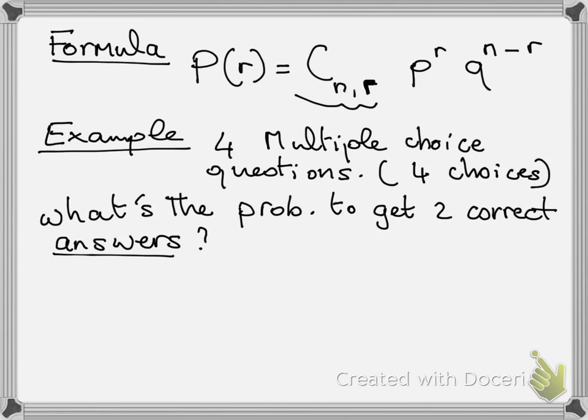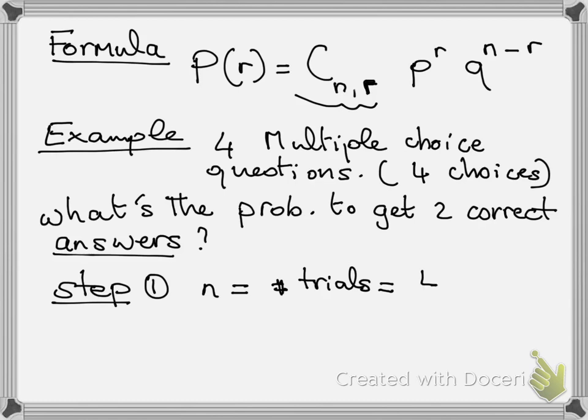First, in step 1, let me write down what p, q, n, and r are. First, n: what's the number of trials here? We have 4 different questions, right? So the number of trials is 4.